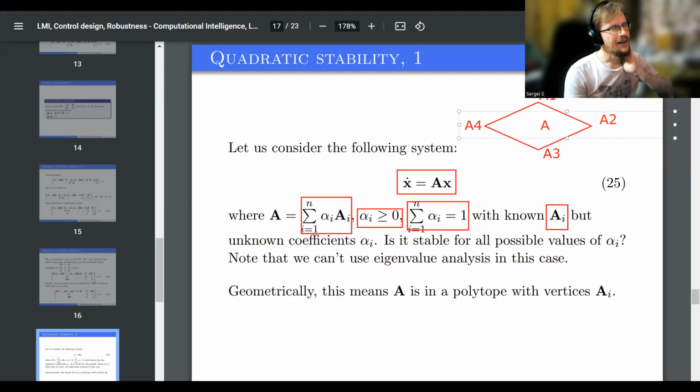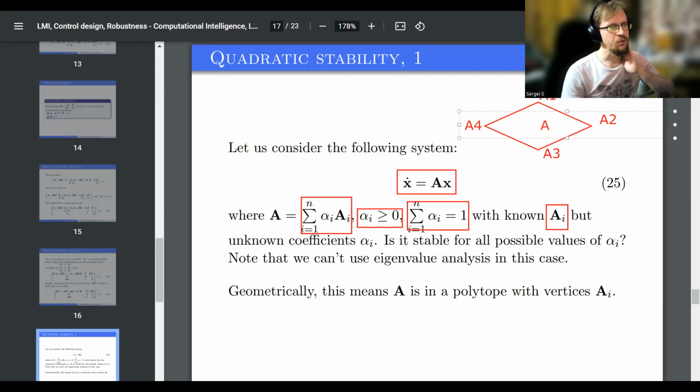Okay. And that is called quadratic stability. Why do we call it quadratic stability? We call it quadratic to indicate largely that it is not Hurwitz stability. Because if quadratic stability fails, so if it is impossible to find a proof that all those systems are stable, and we are talking about stable at the same time, of course, stable at the same time.